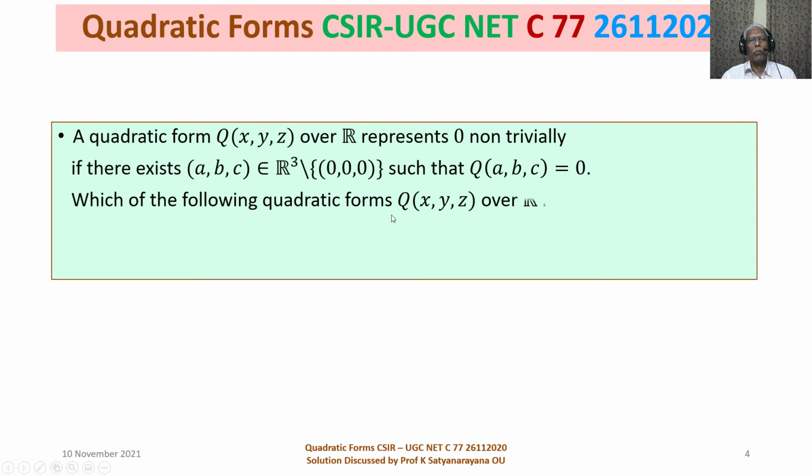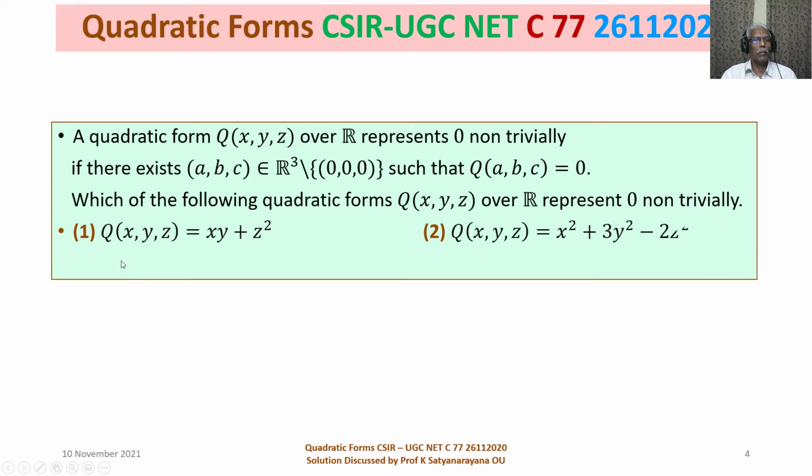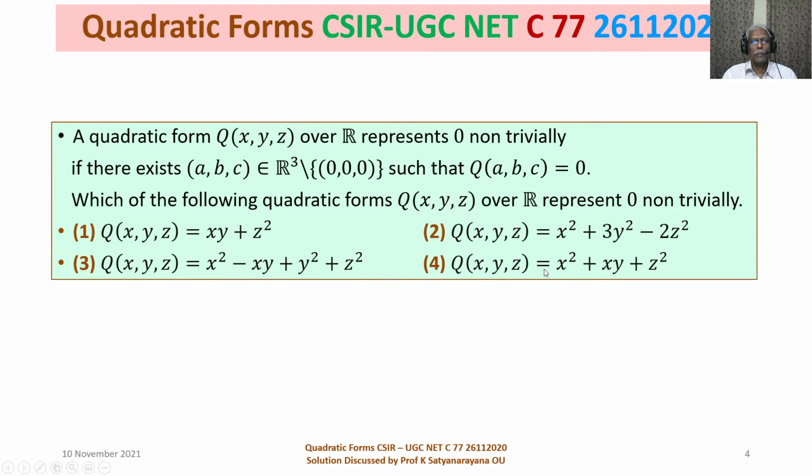Which of the following quadratic forms Q of x, y, z over R represents 0 non-trivially? We are given 4 quadratic forms, and we will consider one after the other and decide which quadratic form over R represents 0 non-trivially.